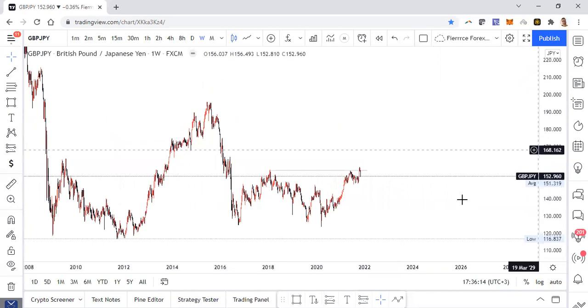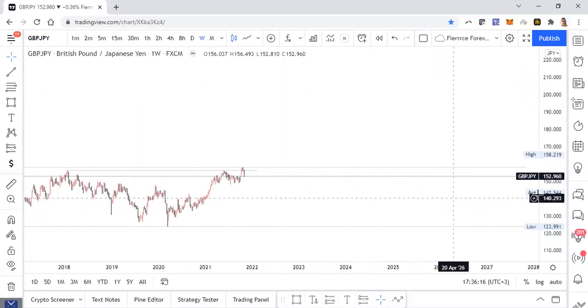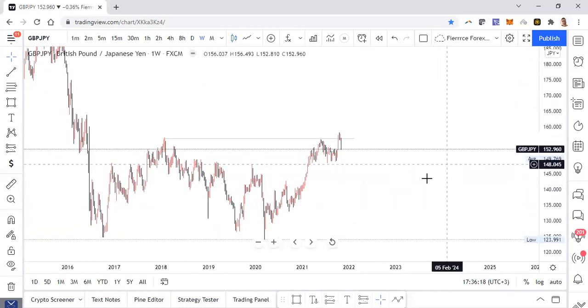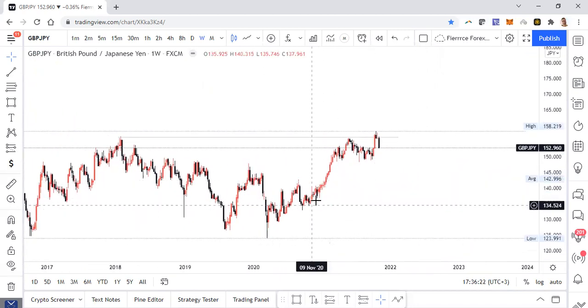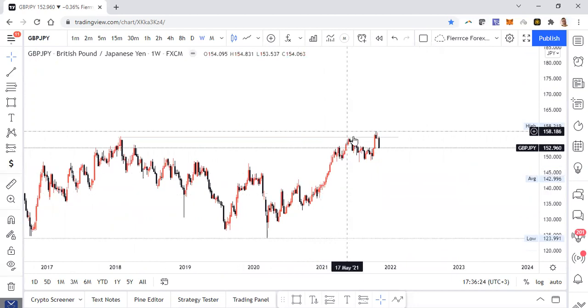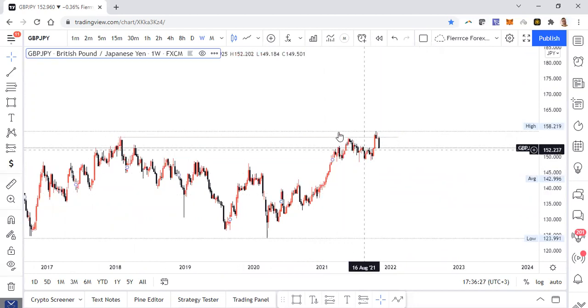Of course, fundamentally, GBP pairs have been struggling. But I mean, we had a nice rally up before we began to see this retracement. So for me, this retracement was expected after such a nice rally to the upside, okay?